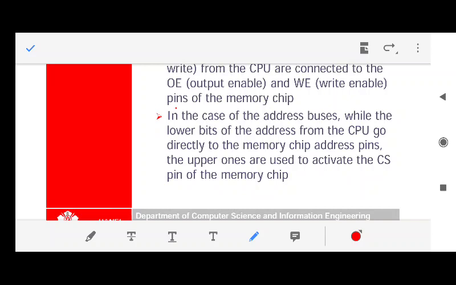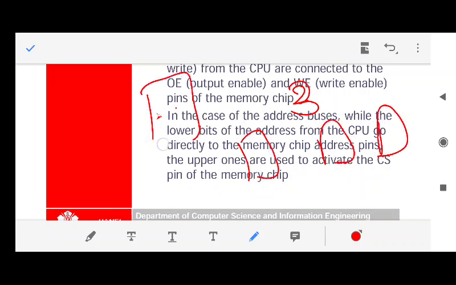In that case, what will happen? If you want to use 2 or 3 memory chips, first, second, and third, now 8051 wants to communicate with only one of them, and it will communicate with another memory after some time. So what will it do? It will disable the first and second memory, and it will enable the third memory.